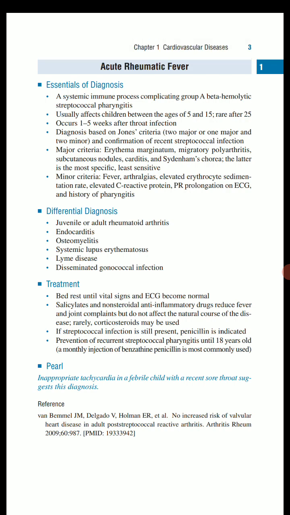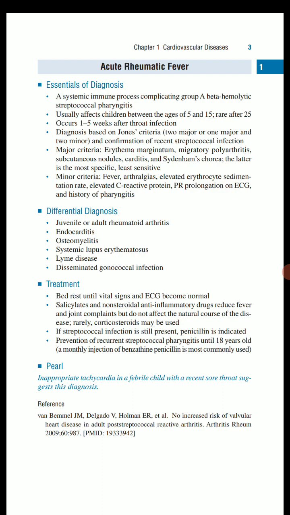Inappropriate tachycardia in a febrile child with a recent sore throat suggests the diagnosis. So in case someone has inappropriate tachycardia with a fever and a history of throat infection, it suggests the disease. Normally there is a prophylactic course of penicillin that we give.